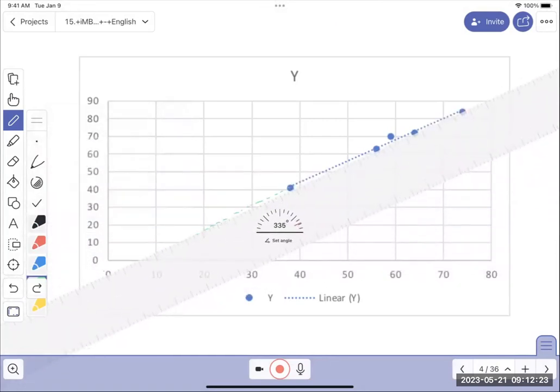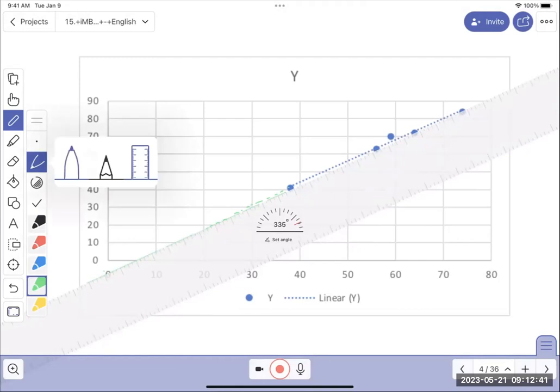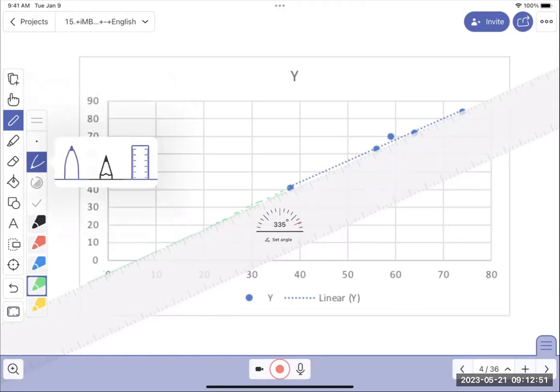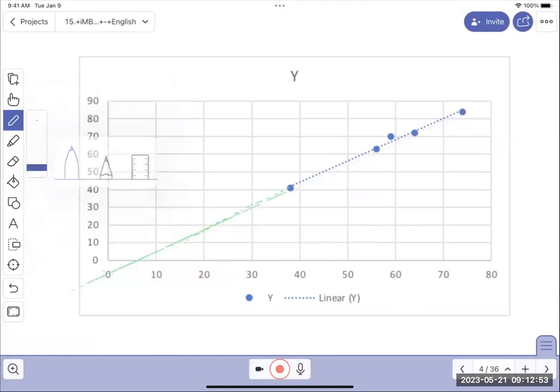Okay, there we go. So I've extended that line, and you see now, not perfect, but this should hit.